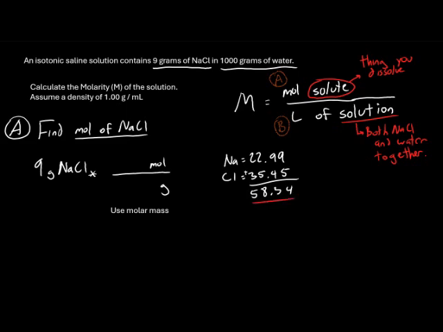This number will be placed next to grams, and we'll place 1 mole on top, and then we'll do the operation 9 times 1 divided by 58.34. When we divide, we get an answer of 0.154 moles of NaCl. That is our solute. This will be the answer to part A.